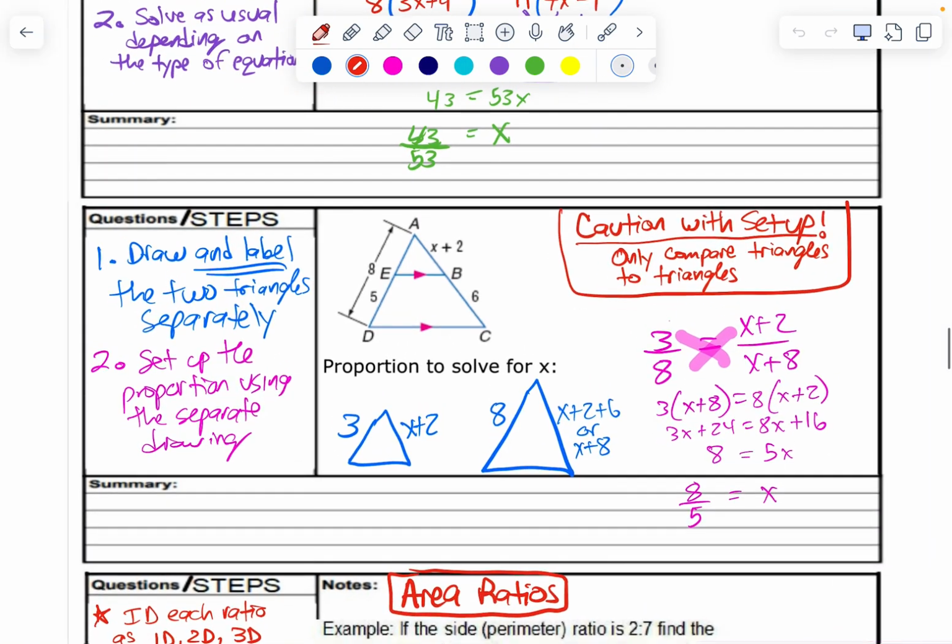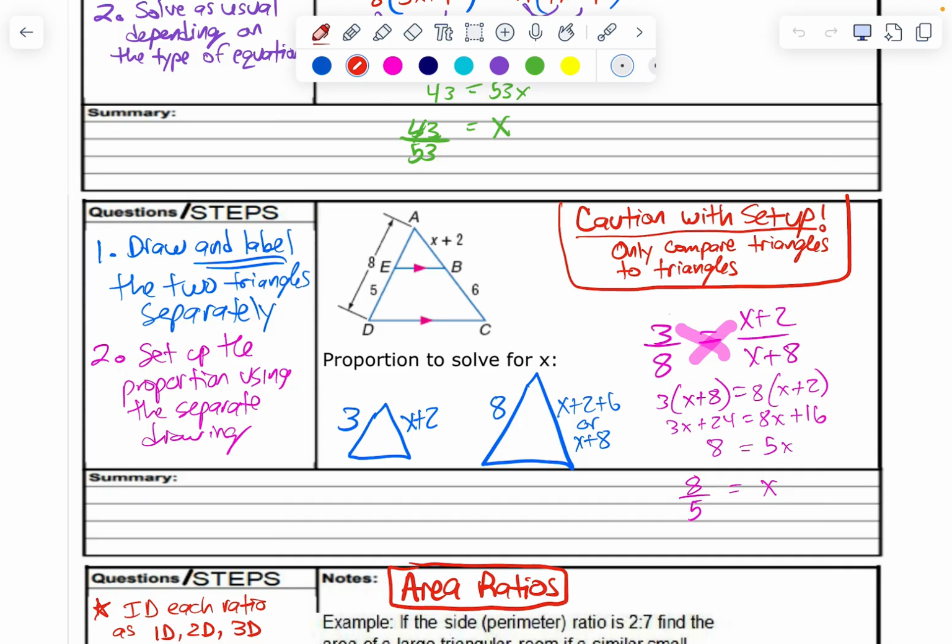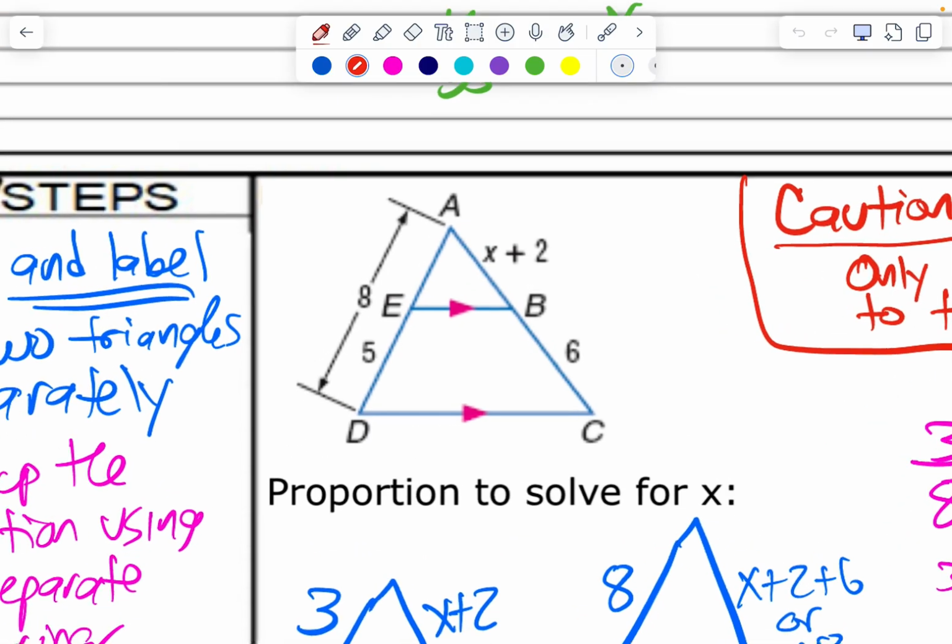Then we talked about how to set up from figures. So knowing that these two, the top little triangle and the whole triangle, are congruent. Sorry, that is not true. What are they? Not congruent, but similar. Yep, they're similar. That allows us to set ratios up with corresponding side lengths, and I put that big caution up there to make sure you're comparing corresponding pieces.